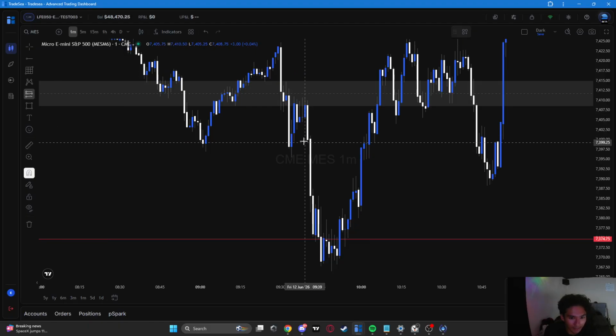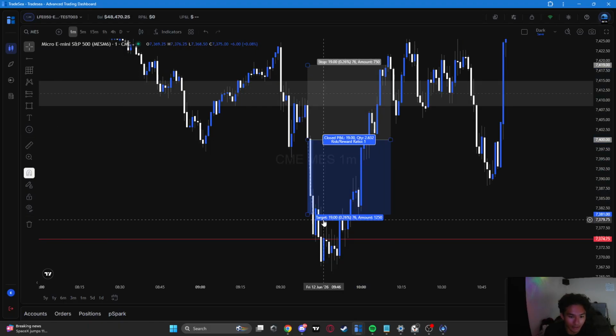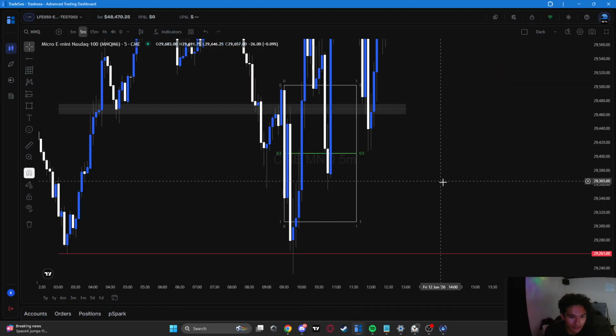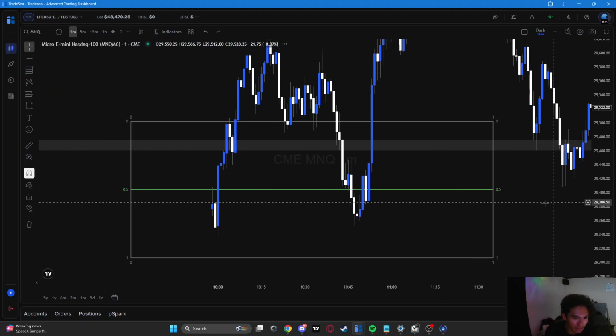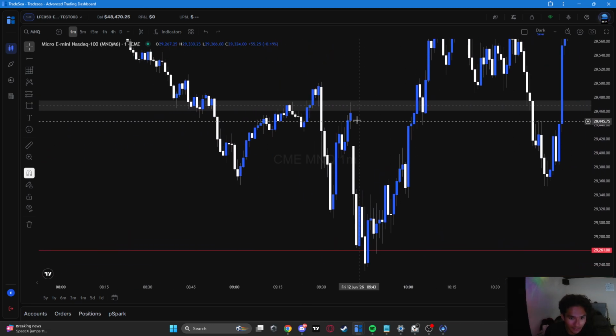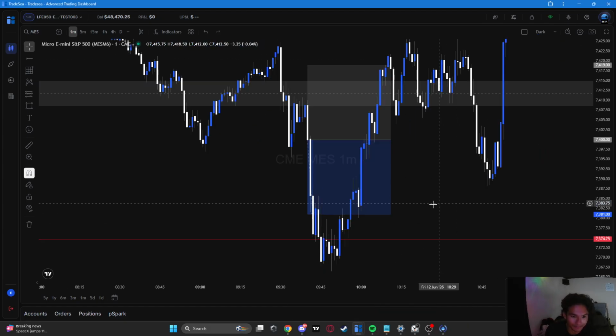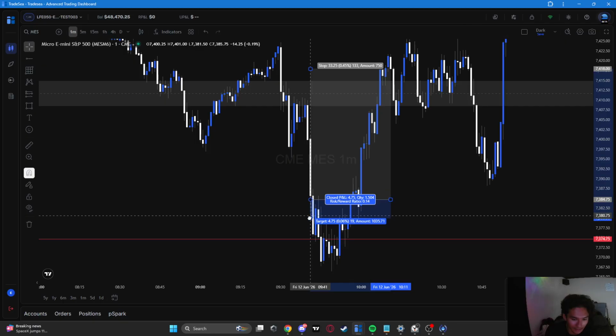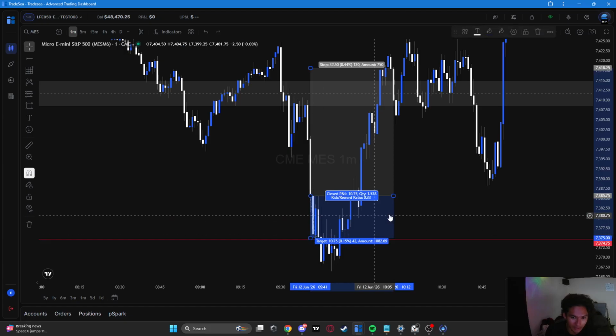So we saw this setup, and I wanted to enter here, but NQ did not present the same inversion or break of structure. It actually was a bullish candle at 9:40 and then just plummeted here. So if I entered at 9:41, which would have been valid, would have been down here, and that would have been crucial, as you can see.